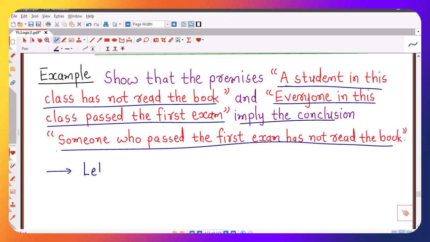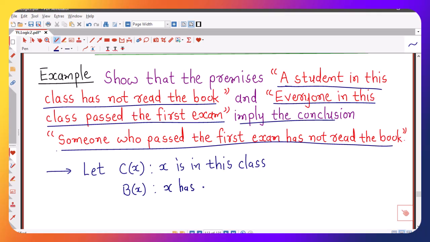We can use C of x to denote that x is in this class, and we can use B of x to denote that x has read the book.